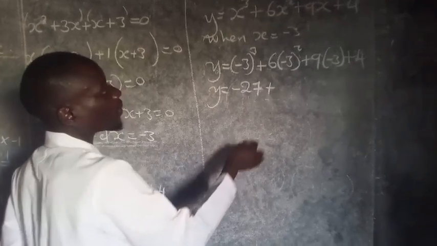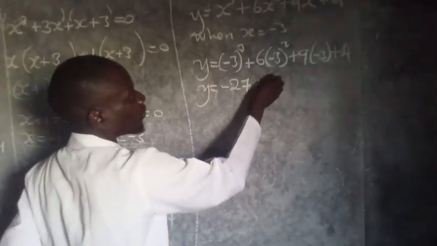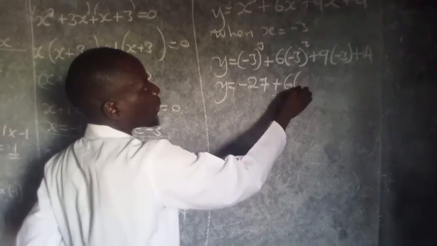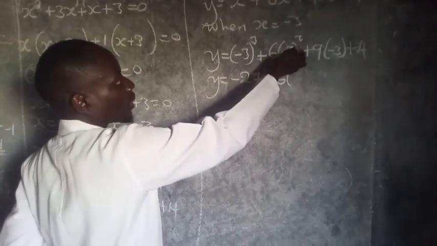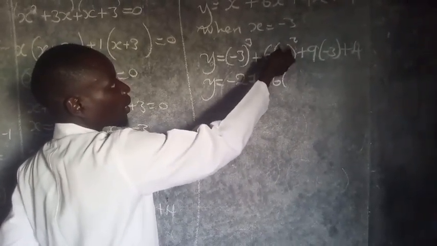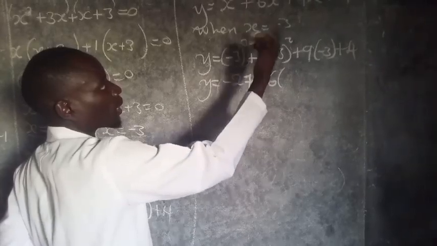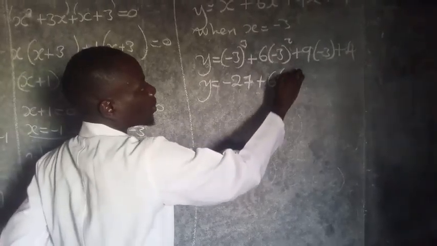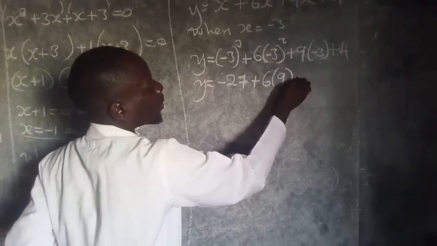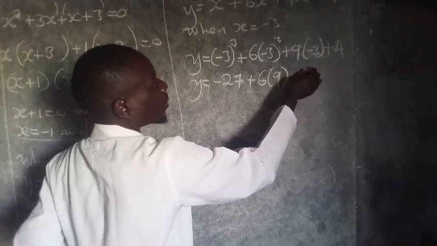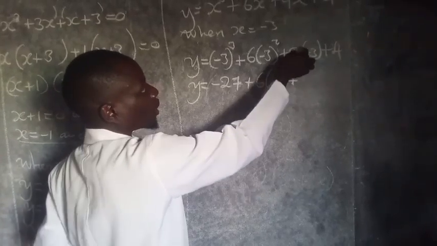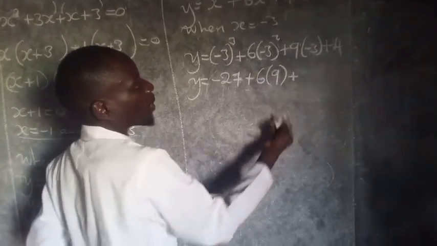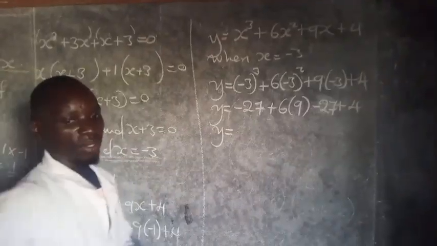Again here, you write first positive 6, then open a bracket. This means again you are multiplying negative 3 two times. So negative 3 times negative 3, the answer will be 9. Then you plus positive 9 times negative 3, the answer will be negative.